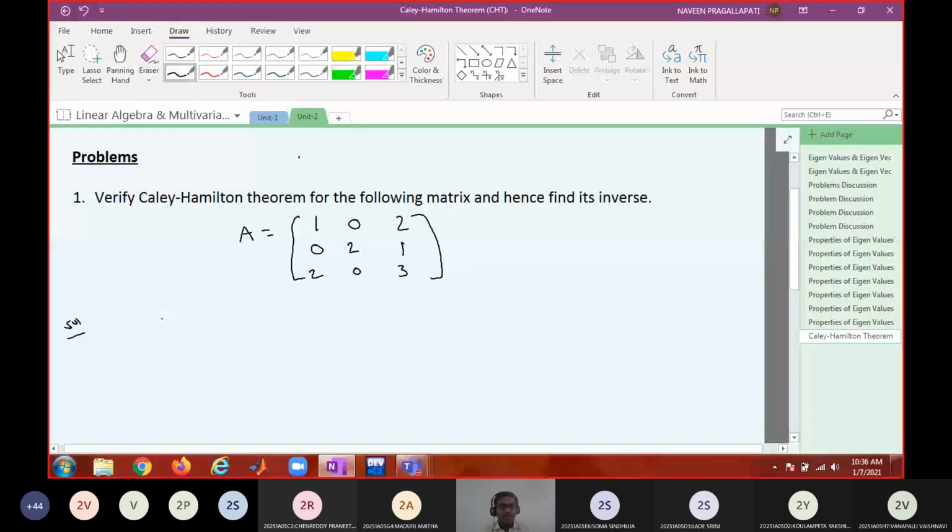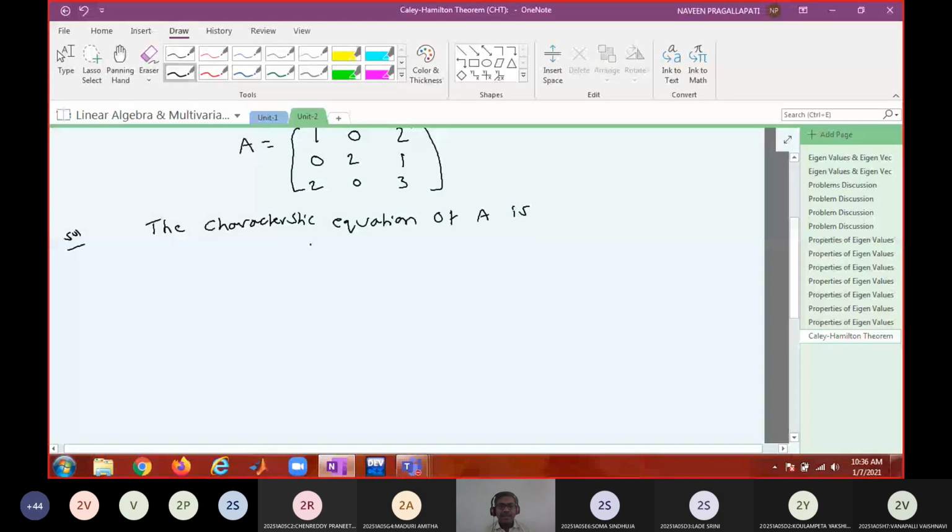So the characteristic equation. What is the characteristic equation? Determinant of A minus lambda I equal to 0.